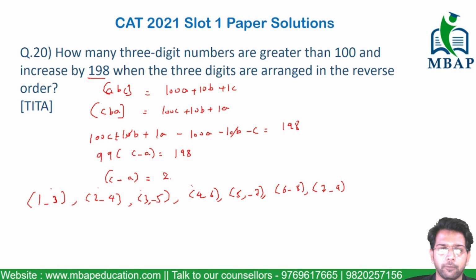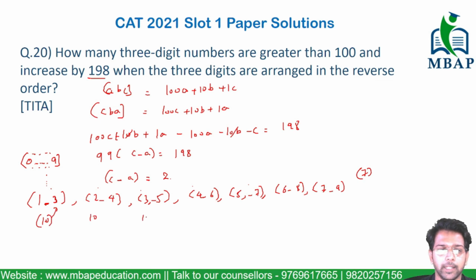So how many such combinations? 1, 2, 3, 4, 5, 6, 7. There are 7 such combinations which are possible. The question is how many numbers are possible? For every combination, any number from 0 to 9 can come in the middle value, which is the blank. So there are 10 numbers possible for each combination.